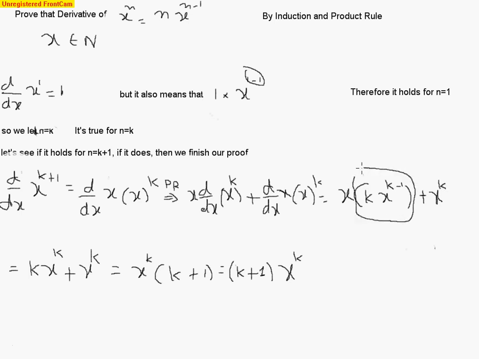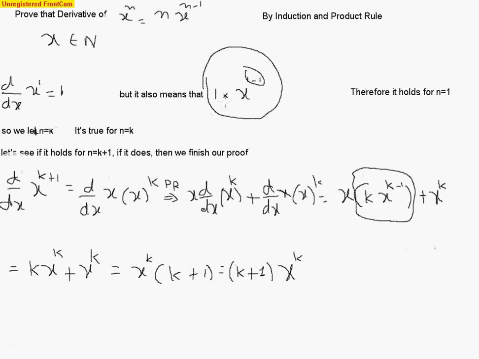Some people might get confused, and I know I did the first time, that this is what we're trying to prove. So how come we're using it in this expression right here? Well, if you look back, we already established that the derivative of x to the k is equal to k x to the k minus 1 right here, because we said that n is equal to k.